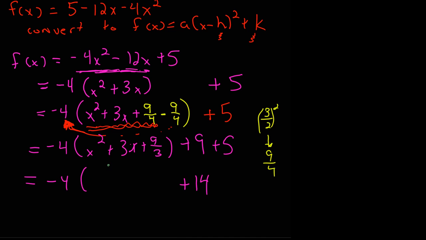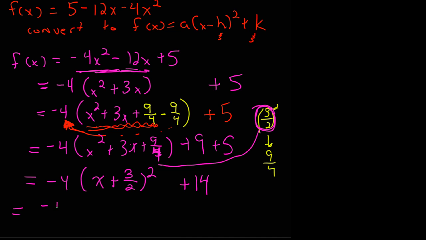We forced this to be a perfect square. If I write this correctly as a 4th down there, sorry about that. We forced this to be a perfect square where it was 3 halves. This term here that we squared to find what we were adding is what makes this a perfect square.